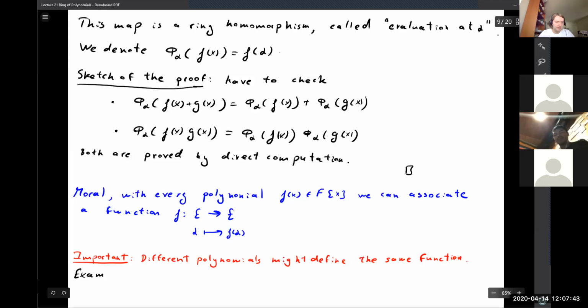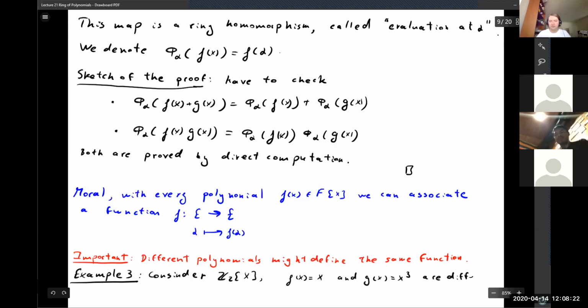And let's look at example 3. So consider the ring of polynomials over Z2. Z2 is a field, so everything is good here. And let's take two polynomials, f of x being x and g of x equals x cubed, which are different polynomials.